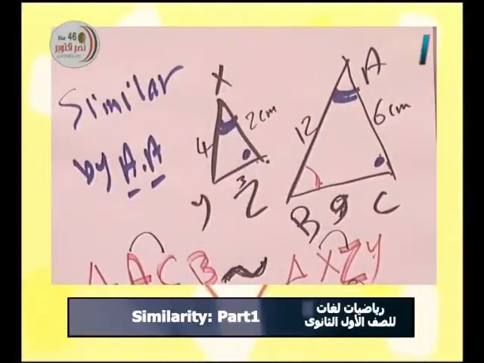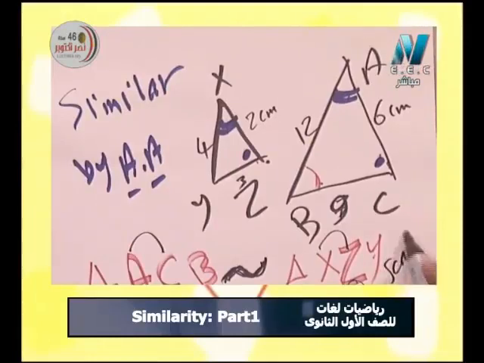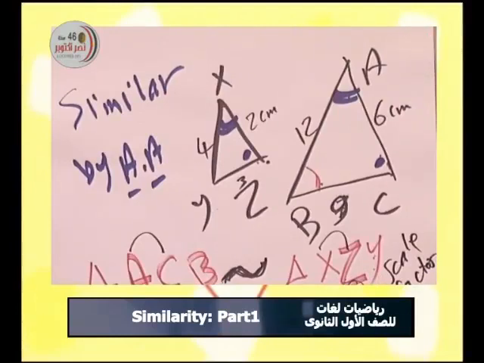These three sides are proportional, and this 3 we call the scale factor. And from ACB to XZY will be an enlargement because 3 is greater than 1.